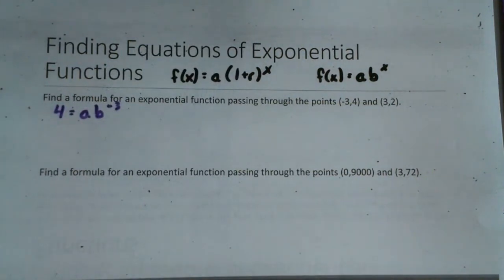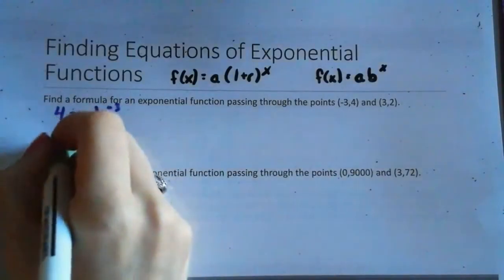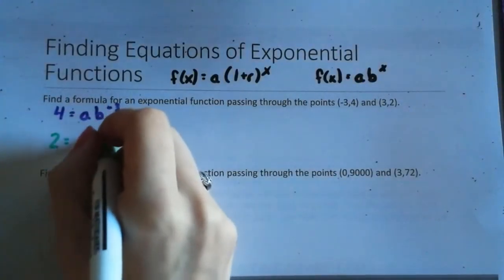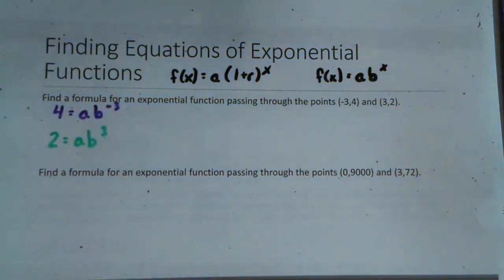If I plug in the other point, I will have 2 = ab^3. But we're trying to find the exponential function, so I need to find both a and b.